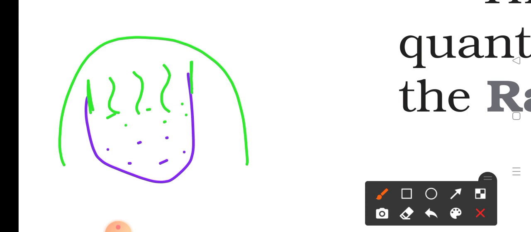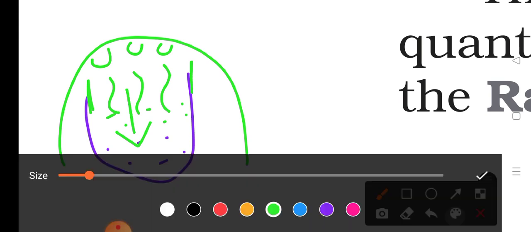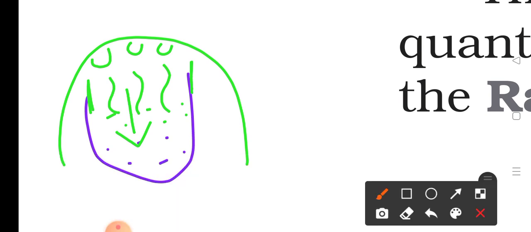After some time they may condense into droplets and come back to the liquid state. So we must remember the equilibrium which we learned: if the rate of liquid changing to vapor and vapor changing back to liquid is the same, then this state is known as the equilibrium state.